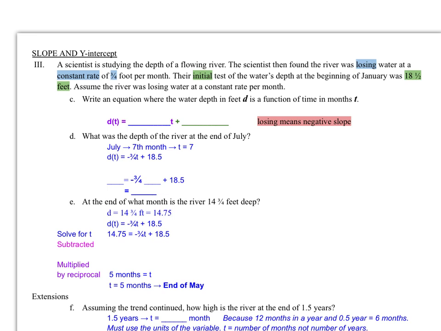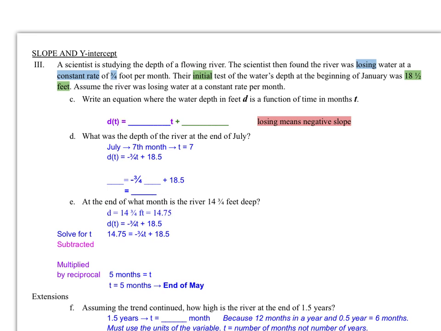It just depends on what information I give you. In any case, write an equation where the water depth in feet, d, is a function of the time in months, t. This d of t is called function notation. It means that the depth depends on the time. I'll show you what that means here in a moment.